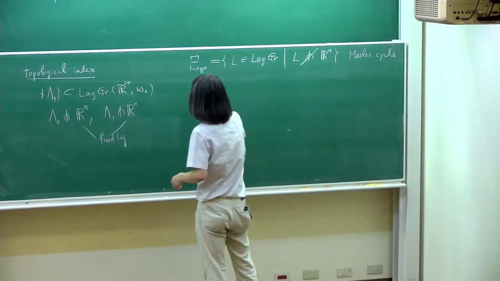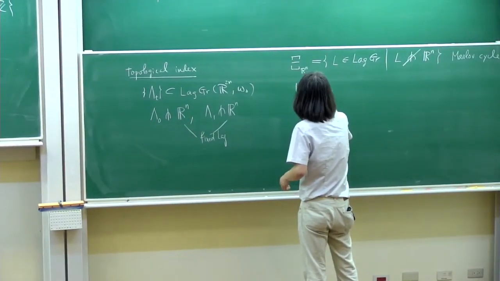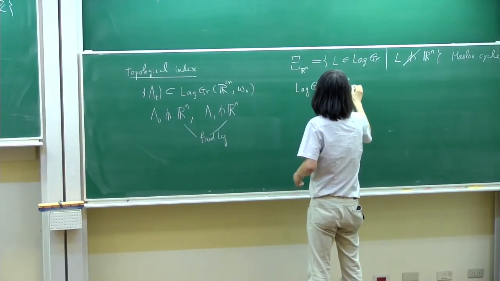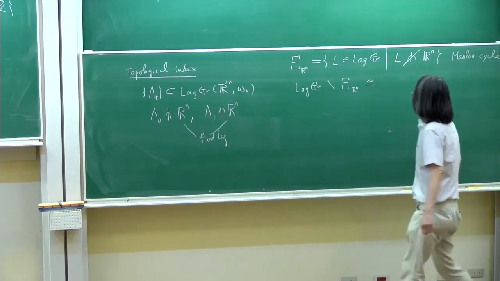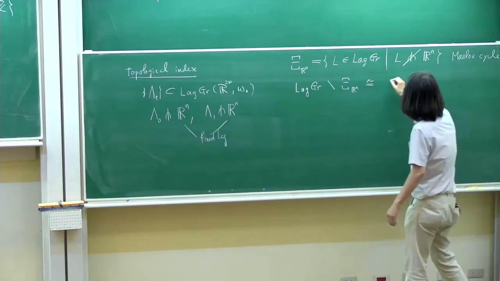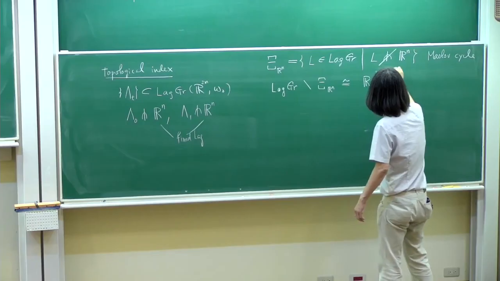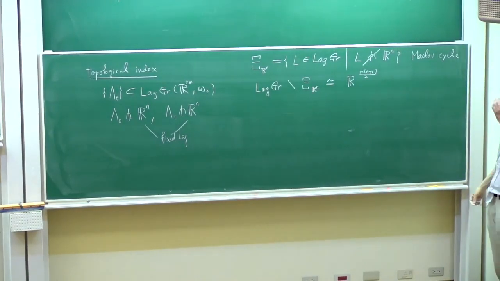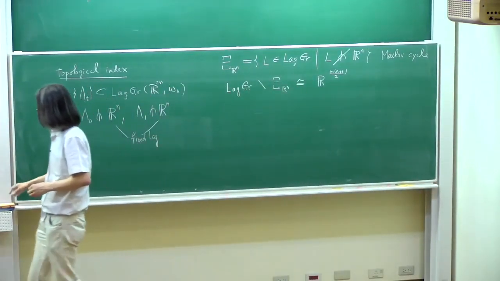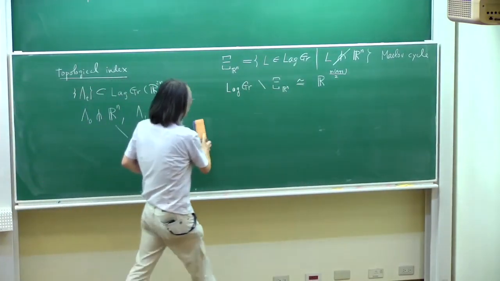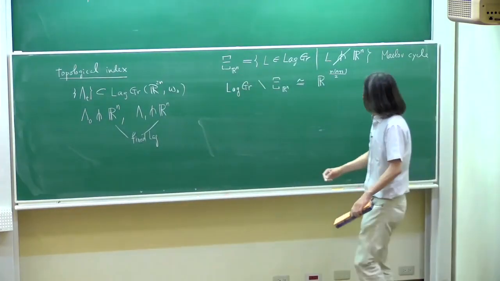In fact, what we can show is that this complement is diffeomorphic to Euclidean space. So how can we see this? Okay, so I fixed.